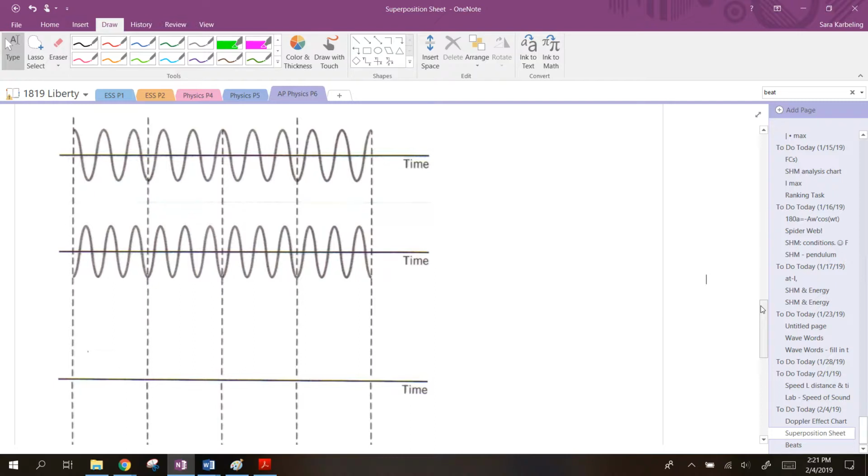Well, you're counting the number of cycles. So how many cycles did it do? So that would be 1.